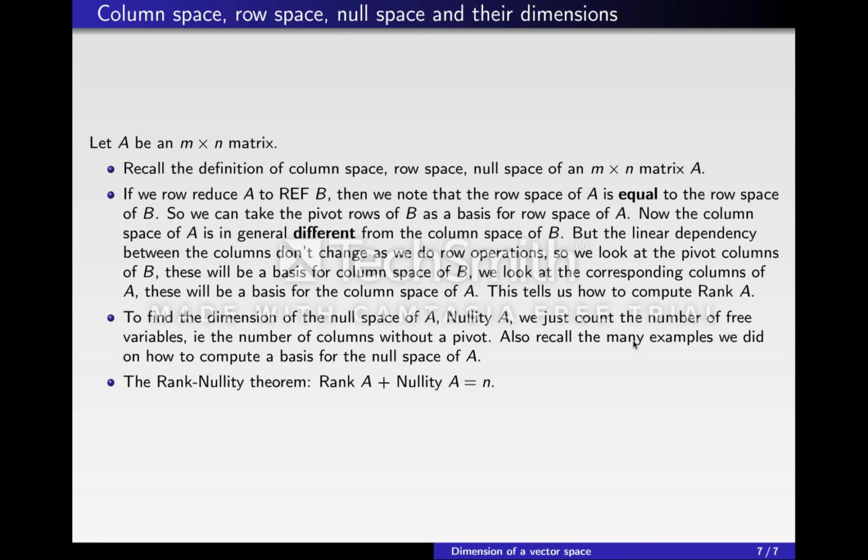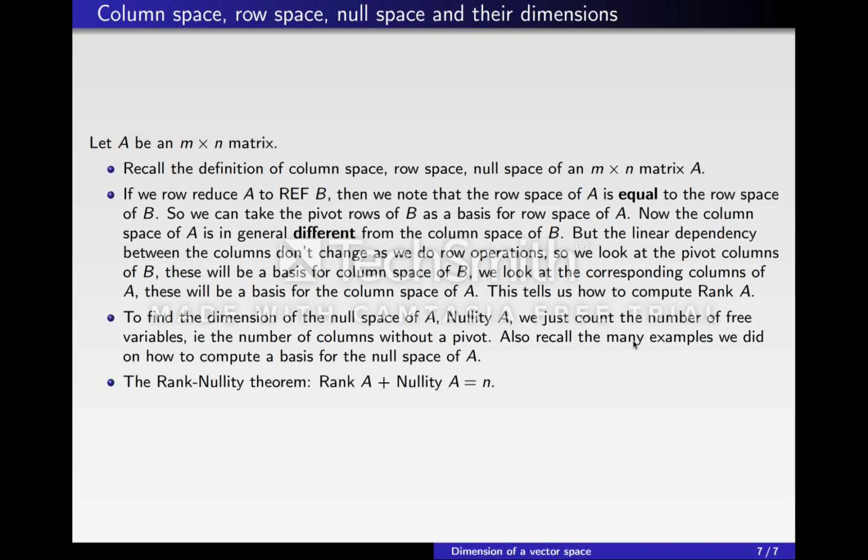Slightly different for the basis for column space. Remember, the row operations do change the column space of the matrices. So in general, the column space of A is different from the column space of B, but the linear dependencies between the columns don't change as we do row operations.